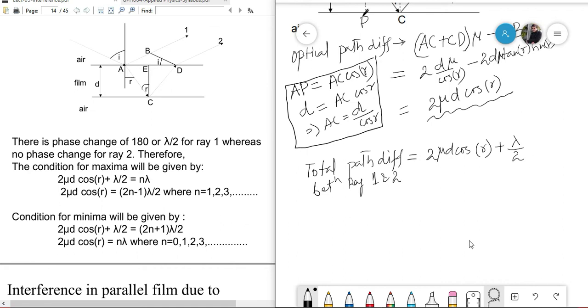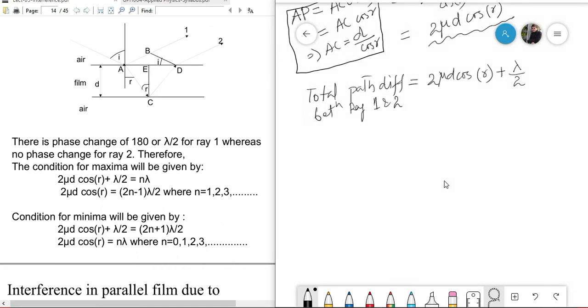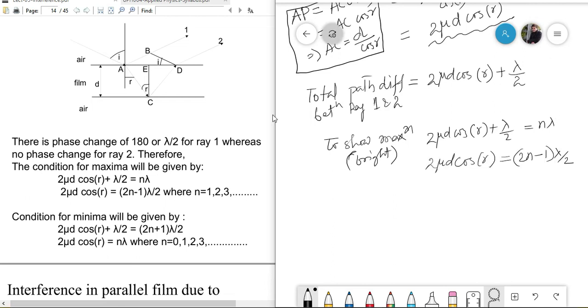Now for the interference between the ray 1 and 2, this path difference follows the following conditions. For the interference to show a maxima or a bright fringe, this path difference must be equal to n lambda. Now if you rearrange these expressions, then what you get is where n are all integer values.